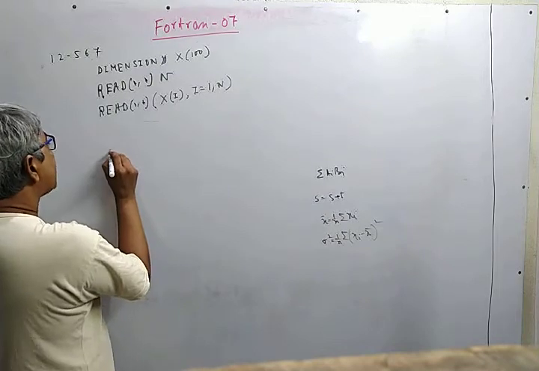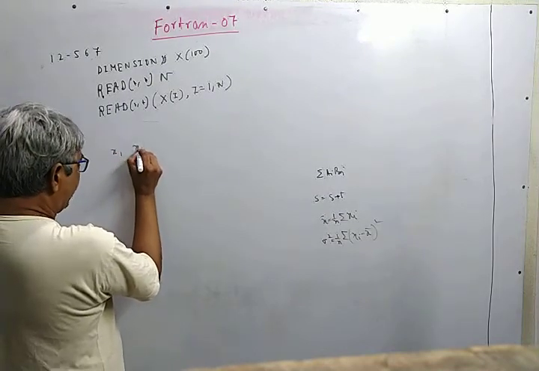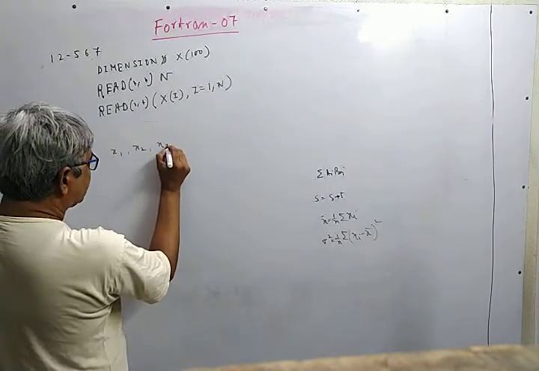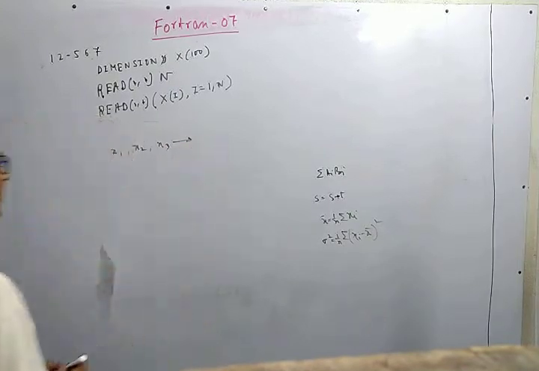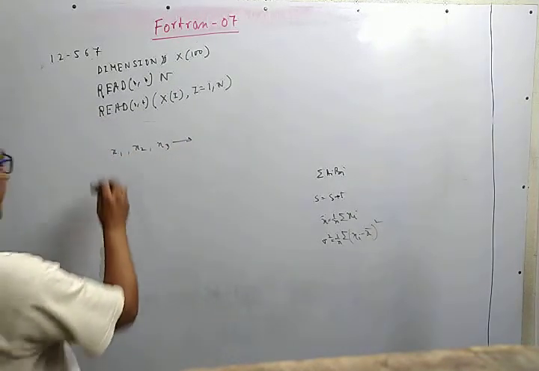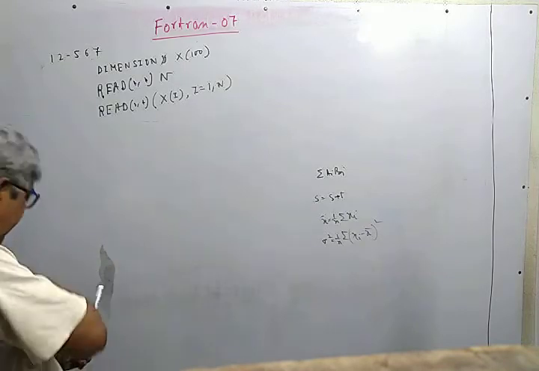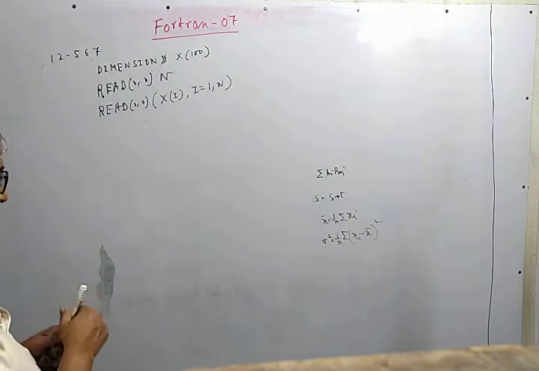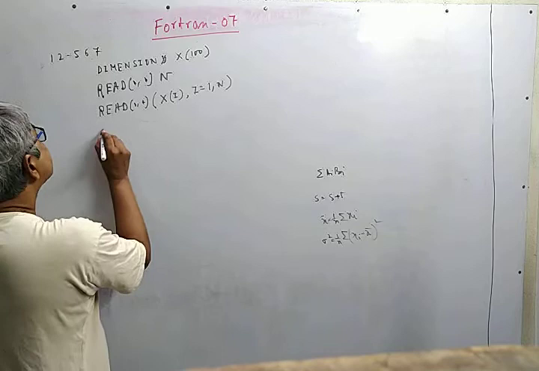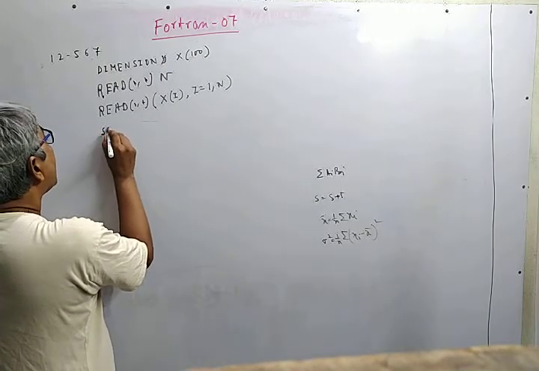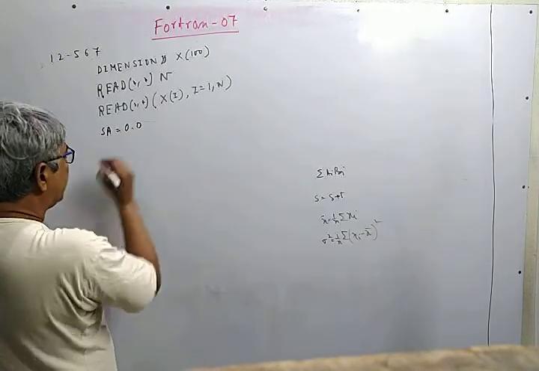The data are to be supplied x1, x2, x3. This is along a line. Then we initialize the average. S average is equal to 0.0.